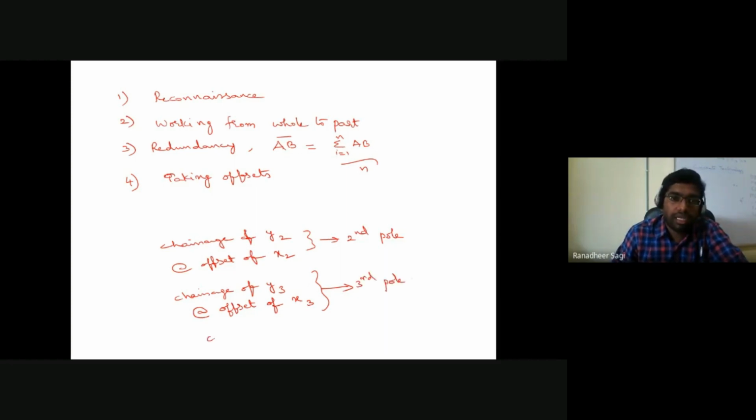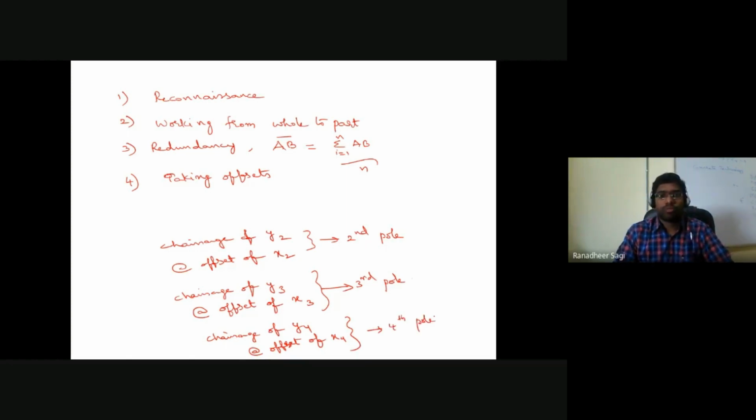And likewise, for a chain edge of y4, for an offset of x4, I have the position of your fourth pole. Okay, so that's how I try to identify the position of various electrical poles that exist in the field.